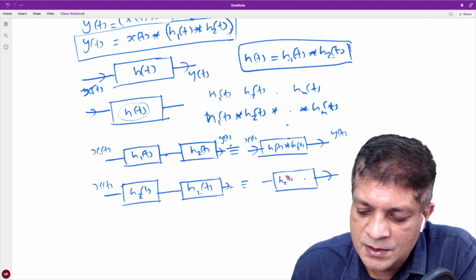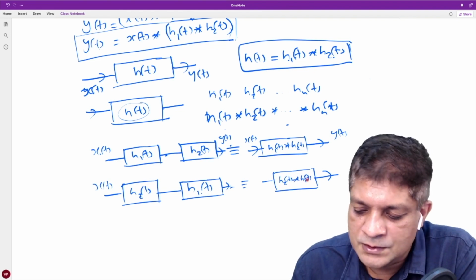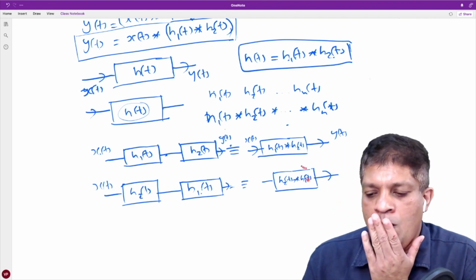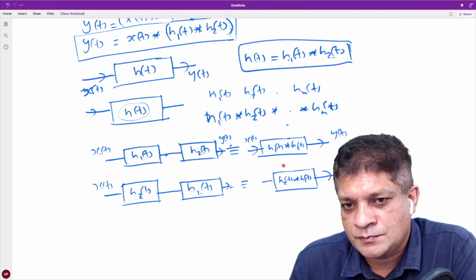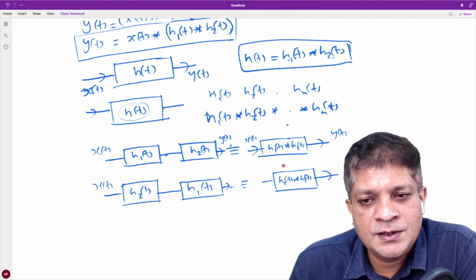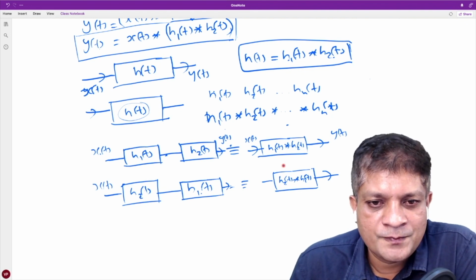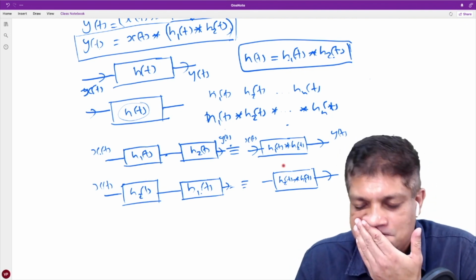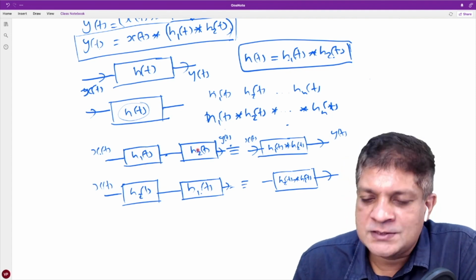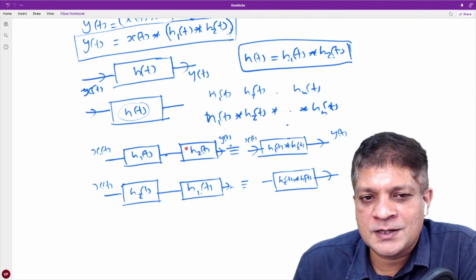Is it h2(t) convolved with h1(t)? Yes, sir. Are they the same? Yes, sir. That is the commutative property of convolution, isn't it? So can we say that we can interchange the order of that cascade connection?